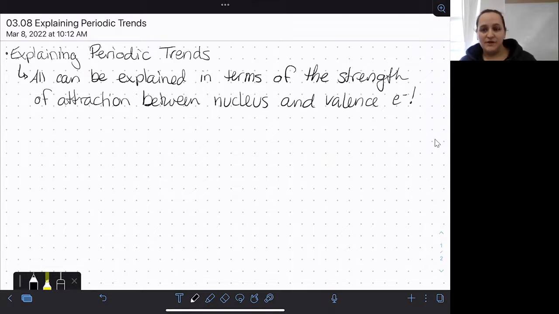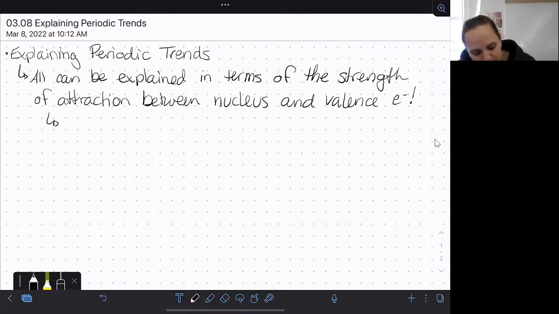Ionization energy and electron affinity are adding or removing a valence electron, and electronegativity deals with bonding, which also involves our valence electrons. So all of these trends are really coming from trends in strength of attraction between the nucleus and the valence electrons.